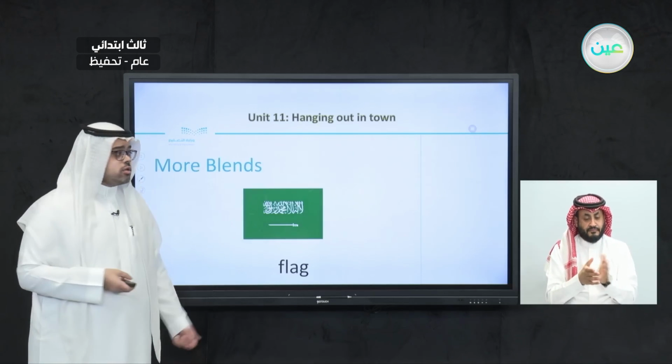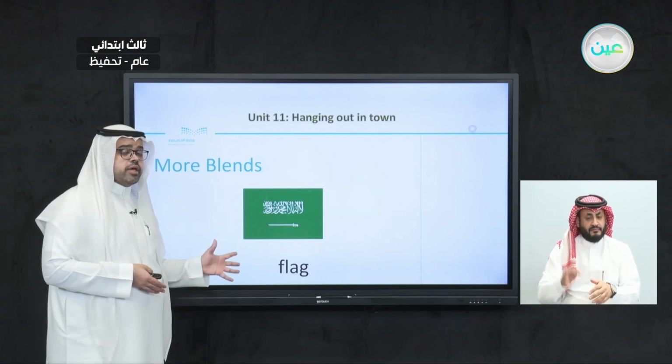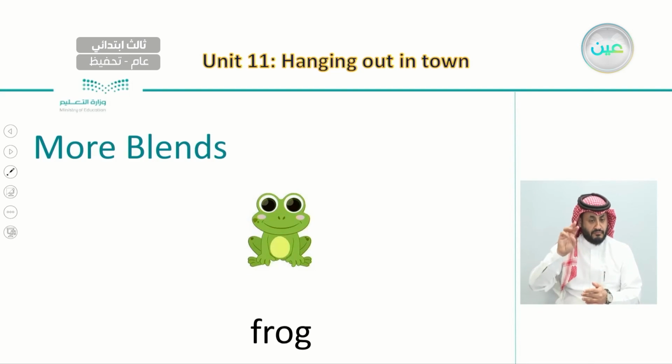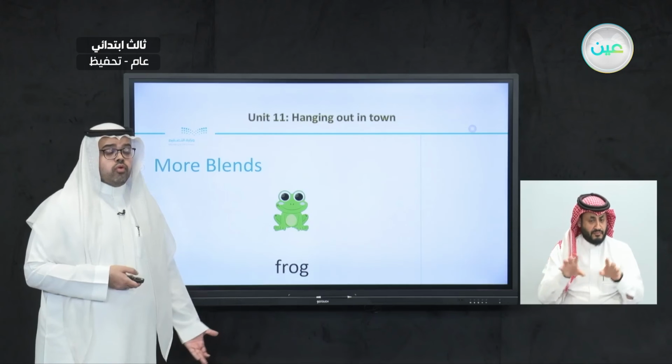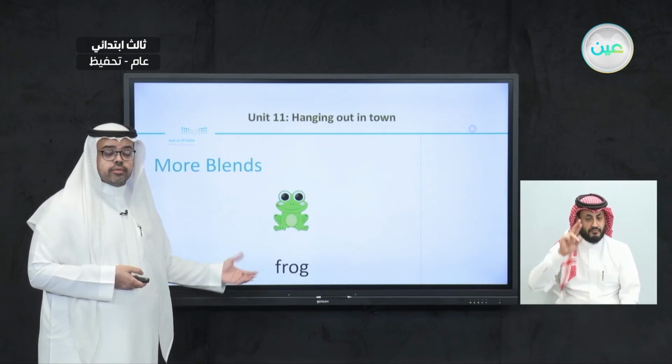Now let's get to know more of these blends. For example, the first blend we have here starts with F and L, with words like flag, flag, and flower. Also, the second blend starts with F and R, for words like frog, frog.